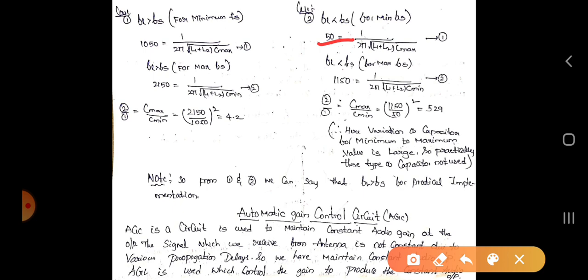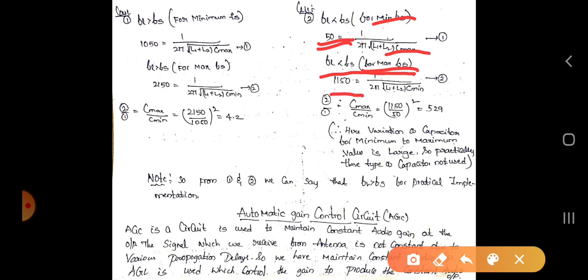Now I will explain. We are taking FL as 50, and 50 is equal to 1 divided by 2 pi square root of (L1 plus L2) into C max. For minimum FS, we are taking maximum capacitance. Similarly, for FL less than FS, for maximum FS, which is 1650, and we are considering case 2, that is FL less than FS, instead of taking 2150 kilohertz as the local oscillator frequency, we are taking 1150 kilohertz.